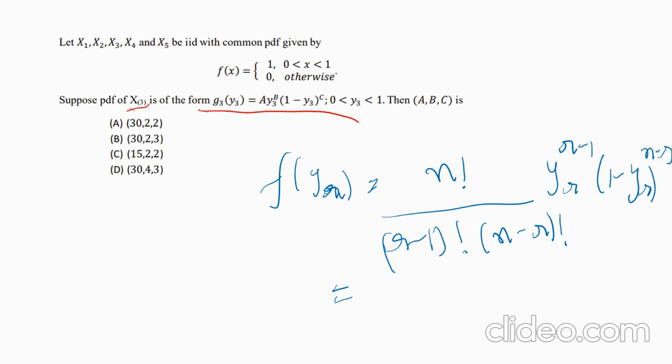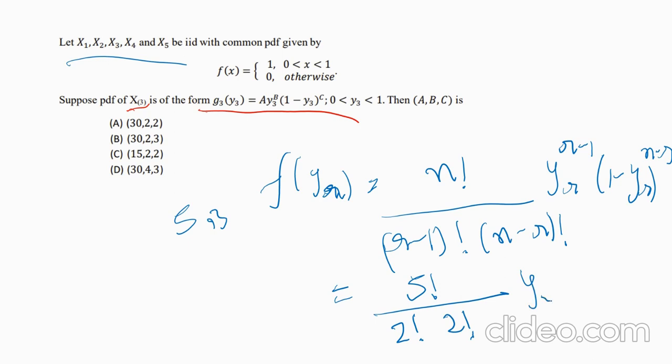So here n is 5, 5 variables are there, and at 3 we want to find, so it is 5 factorial by 3 minus 1 factorial, 2 factorial, and n minus r will be 2 factorial, y 3 square, and then 1 minus y 3, and n minus r will be 2.